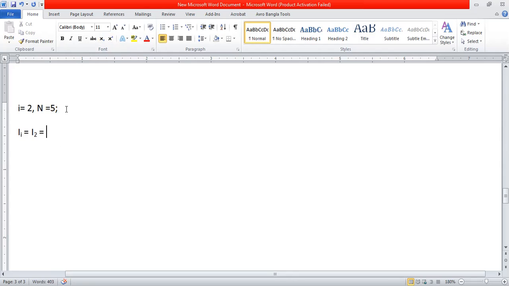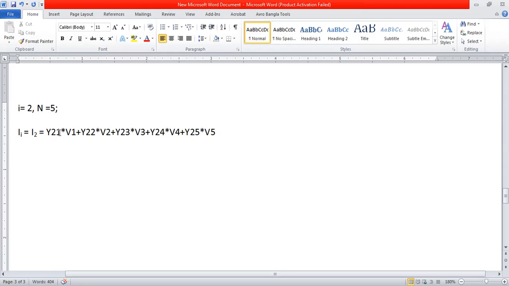So the equation is Y21 into V1, plus Y22 into V2, plus Y23 into V3, plus Y24 into V4, plus the final term Y25 into V5.